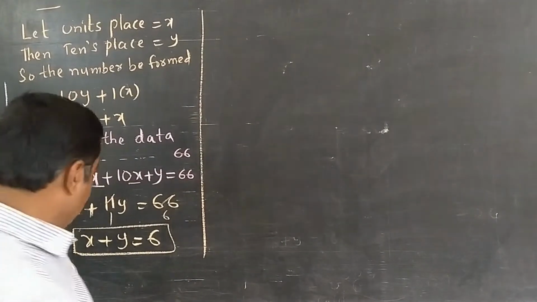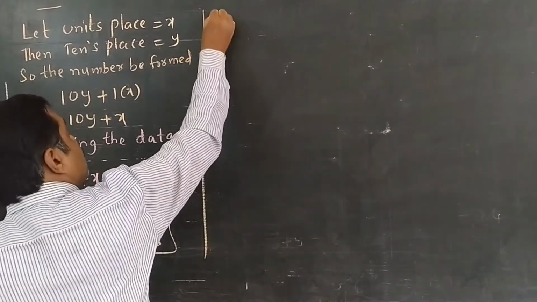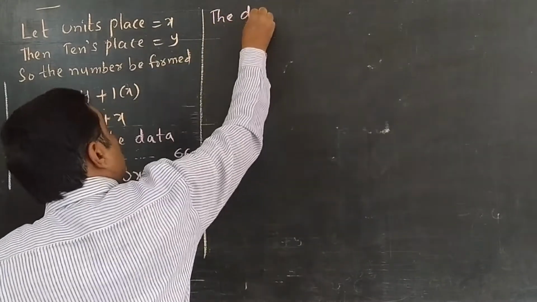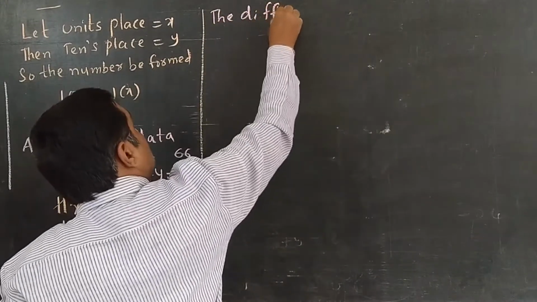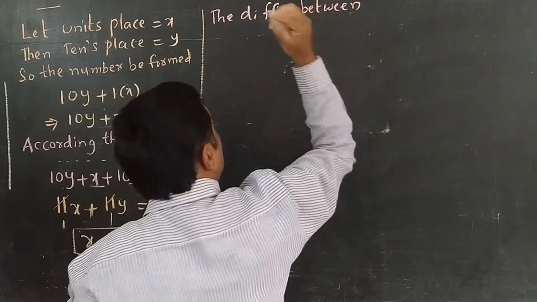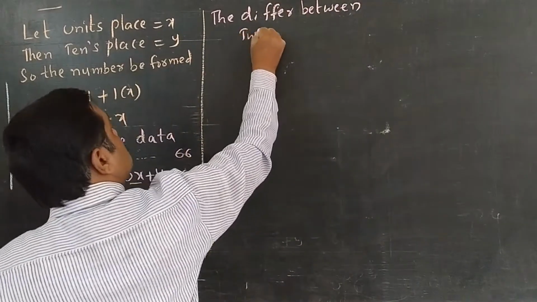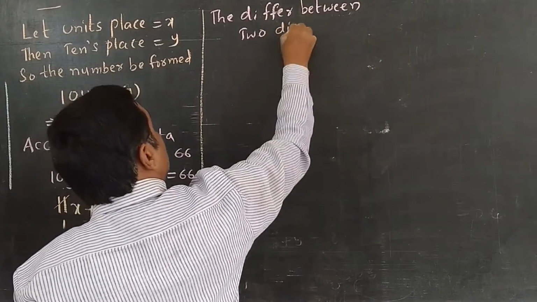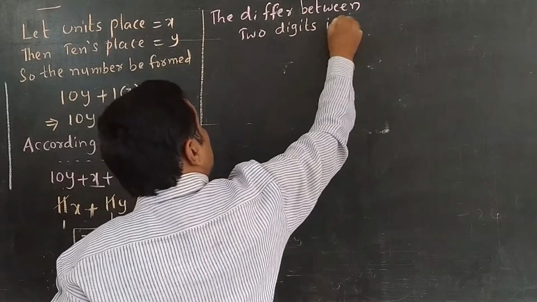And one more piece of information is given: the difference between the two digits is 2.